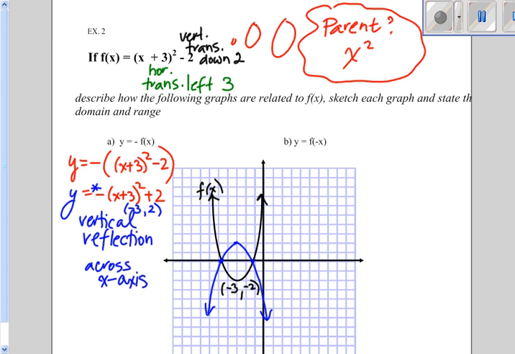For the second one, you know what we're going to see, but let's walk through it anyways. If y equals f at minus x, I am going to draw the function where I have replaced any x with negative x. So, negative x plus 3 squared, take away 2.